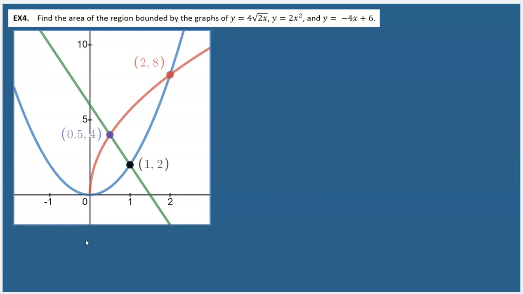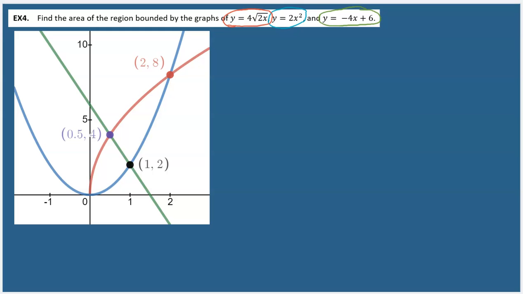The blue one is the parabola, of course. The red one is the square root. And then the green one is the line. And I also found the intersections and put them up there.